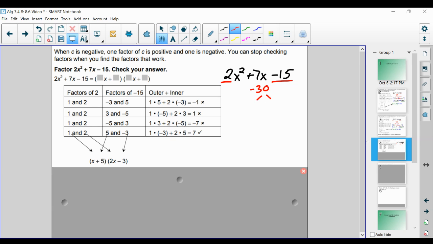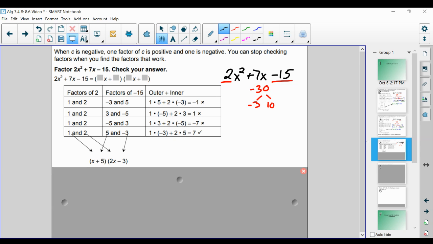I put that in the wrong spot. So we need positive 7. Well, we need to think of two factors that when we subtract them, we get 7. Well, 6 and 5 don't give us it, but 10 and 3, if we do 10 minus 3, that's going to give us 7. So it needs to be positive, which means that we're going to have negative 3 and positive 10, because negative 3 plus 10 is positive 7.